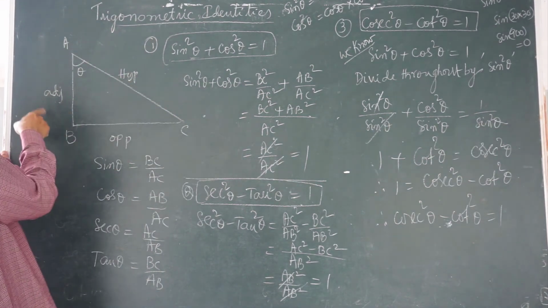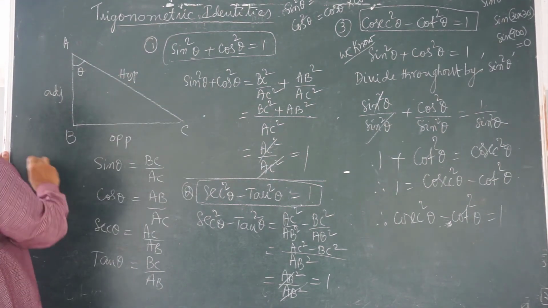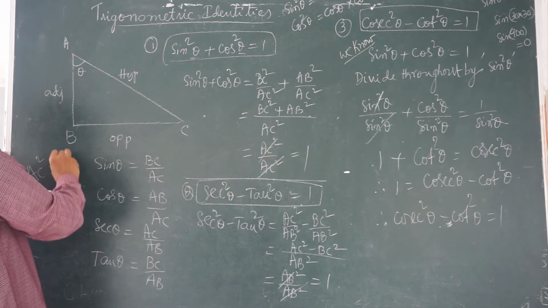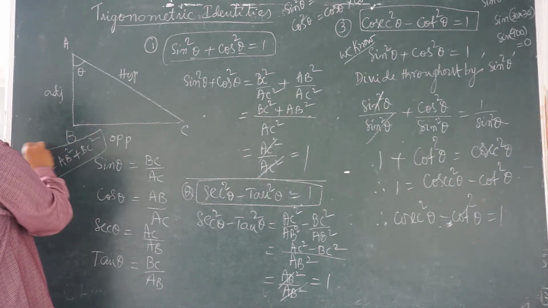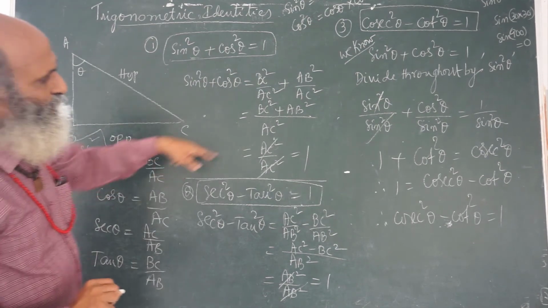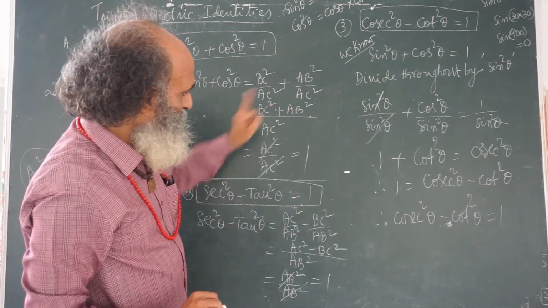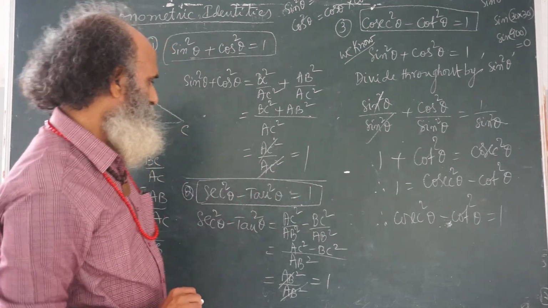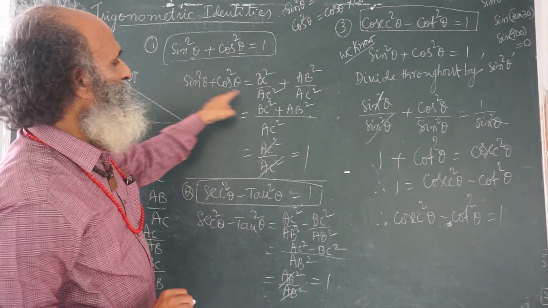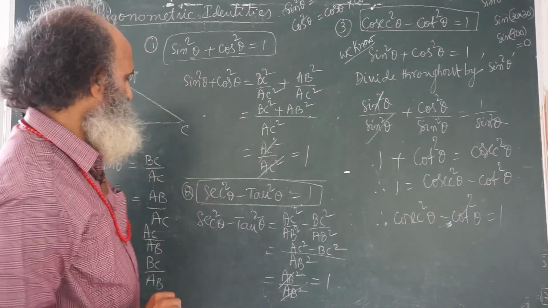Hypotenuse square is equal to adjacent side square plus opposite side square. That means AC square is equal to AB square plus BC square. This is always true. So BC square plus AB square I can write as AC square. AC square by AC square is equal to 1. So sin square theta plus cos square theta is equal to 1 is the first identity.